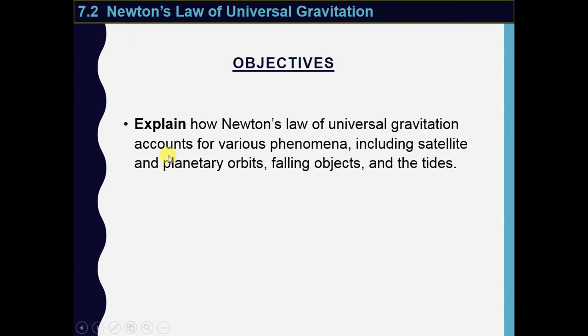Okay, so in this section we are going to explain how Newton's law of universal gravitation accounts for various phenomena, including satellite and planetary orbits, falling objects, and the tides.